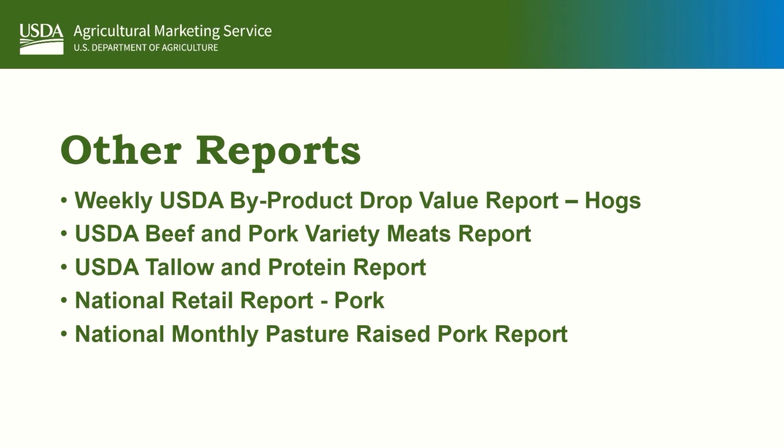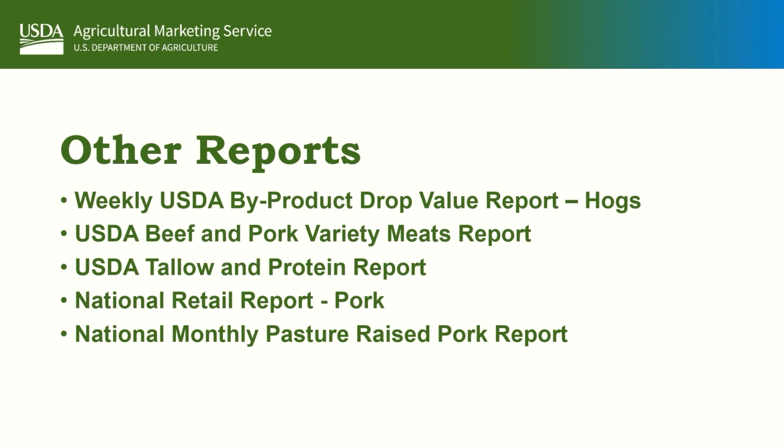other reports, these are the ones that I was talking about that are voluntarily done. The byproduct drop value for hogs, the variety meats, the tallows and proteins. Those, you talk about the drop value. On the beef side, it's a heck of a big deal because that cattle hide's coming off on the kill floor. But on pork, it's not so much. But these are done voluntarily.